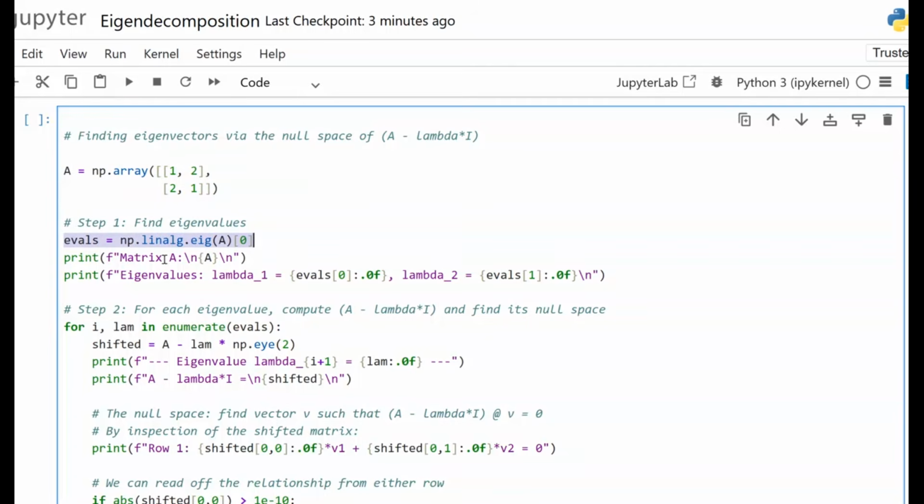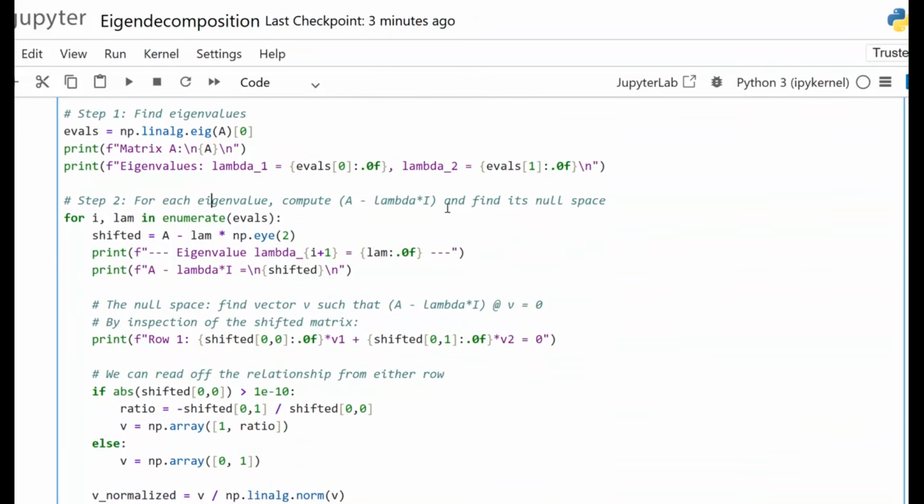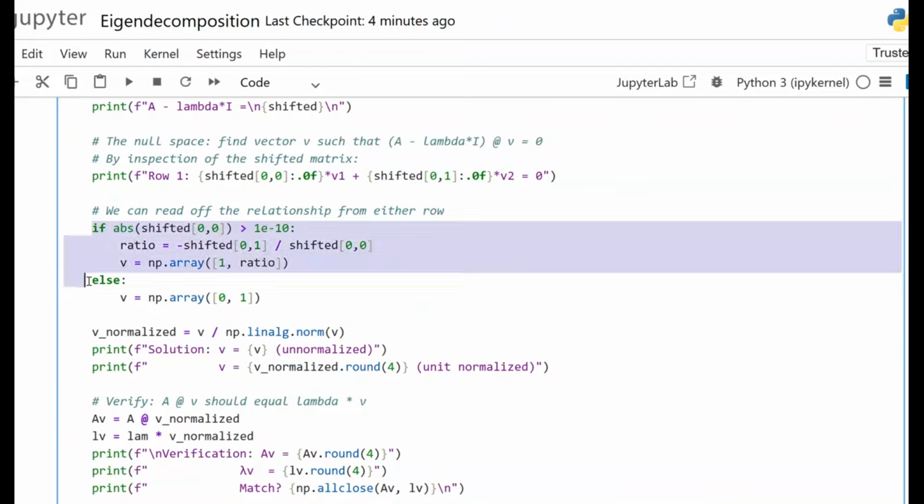Numerical Python. And here we go to step 1. This is the core idea, where we specify the null space of A minus lambda times I. For each eigenvalue lambda, we compute the shifted matrix, and this produces a matrix whose null space contains the eigenvector. Kindly observe, dear friends, this is the code logic for solving the null space.